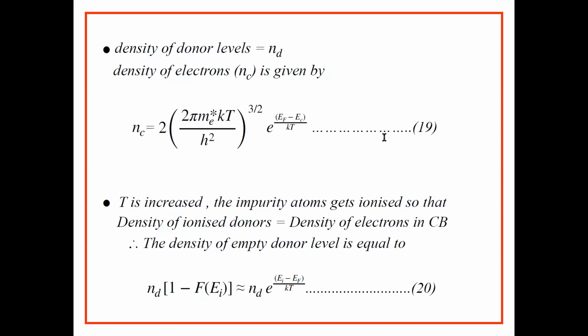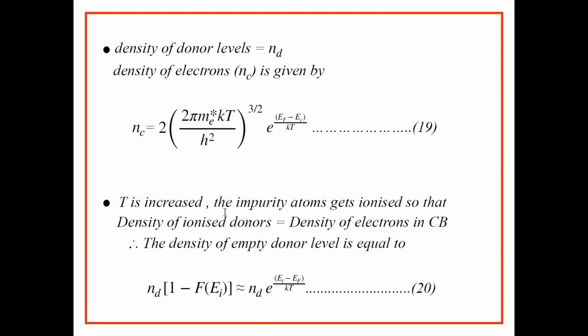This is in continuation with the previous lecture, which we discussed earlier, for the improved model for determination of electron hole concentration in intrinsic semiconductors. From there, equation number 19 is here.